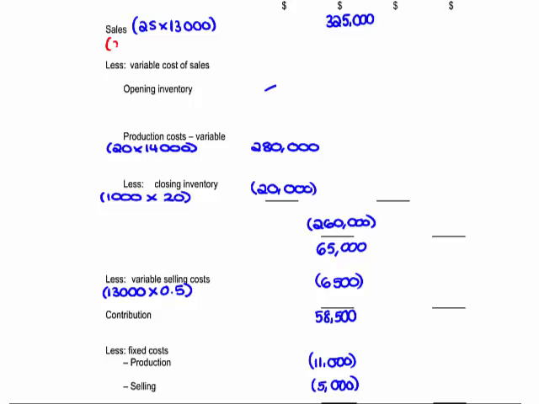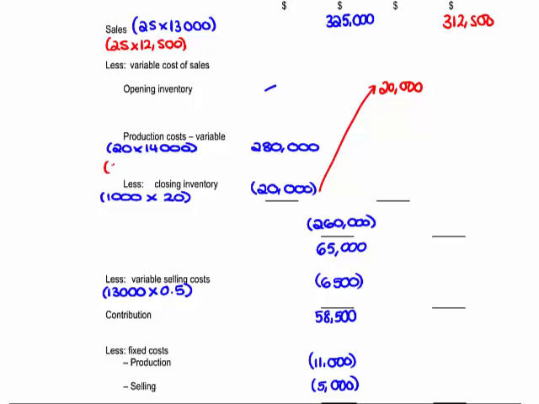So the sales were $25 per unit, but in year 2 we were going to be selling 12,500. So sales were 312,500. There was no opening stock in year 1, but year 1's closing stock becomes year 2's opening stock.